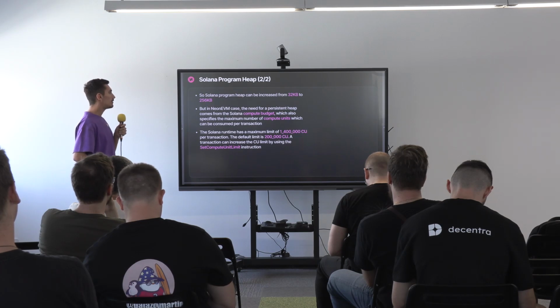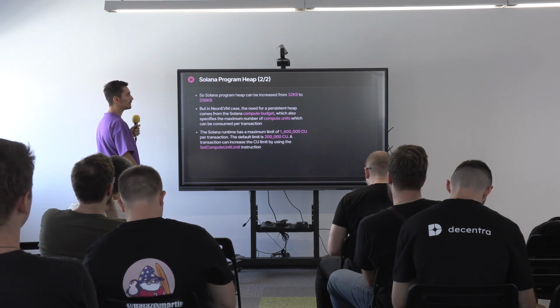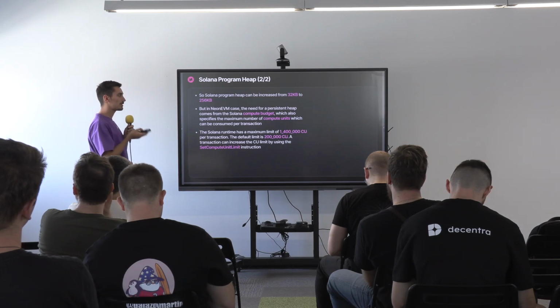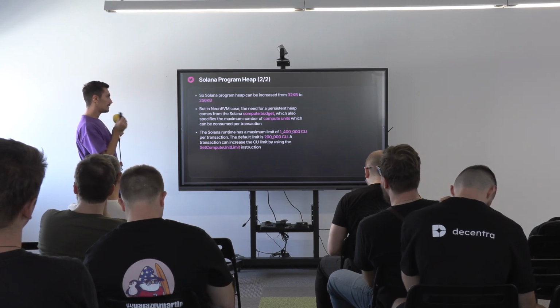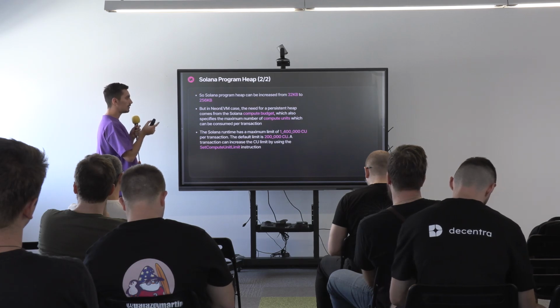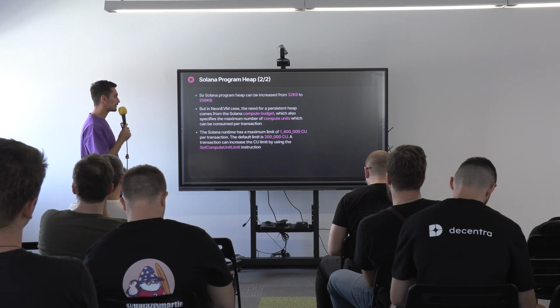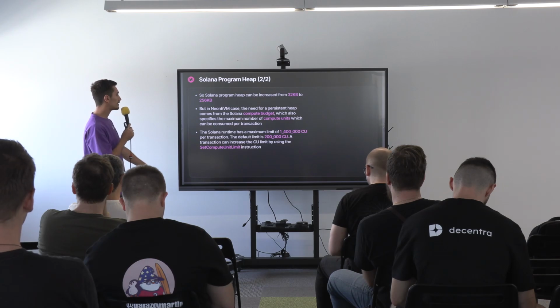In our Neon EVM case, the need for a persistent heap comes from the Solana compute budget, because this compute budget also limits the amount of computation that you can do in a Solana transaction. The limits on compute units for a Solana transaction are here.